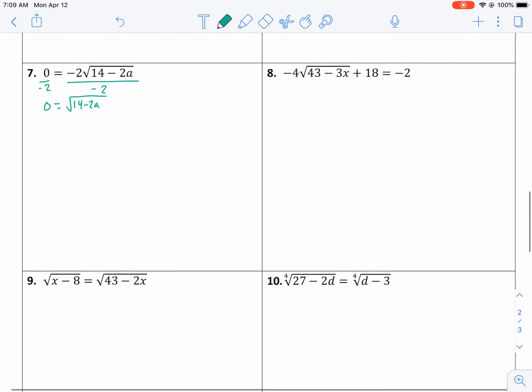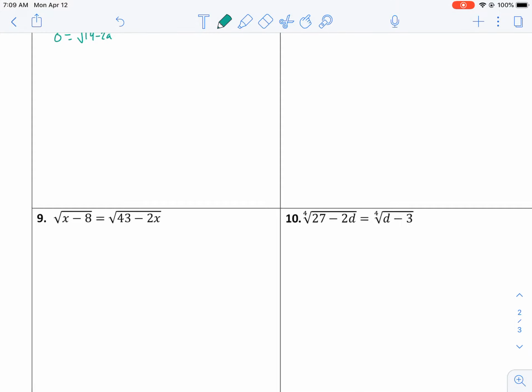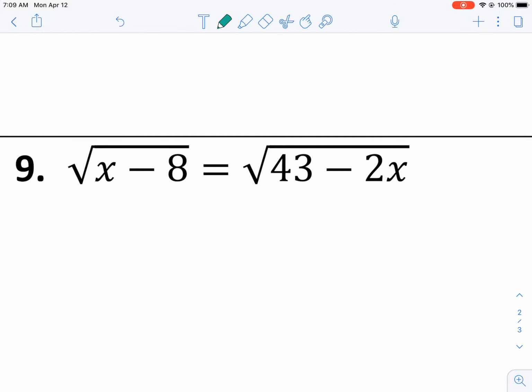For 9 and 10, all you do is you have 2 radicals. That's fine. You're just still going to square both sides, and it's just going to cancel out both radicals, right? So it really just becomes whatever was inside the radicals originally. So x minus 8 equals 43 minus 2x.